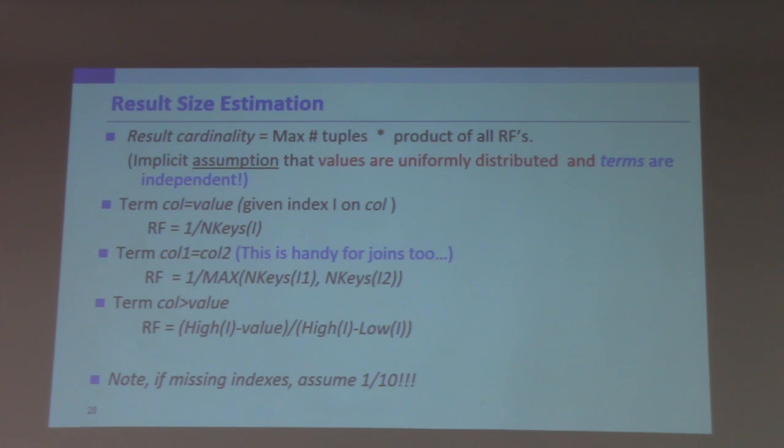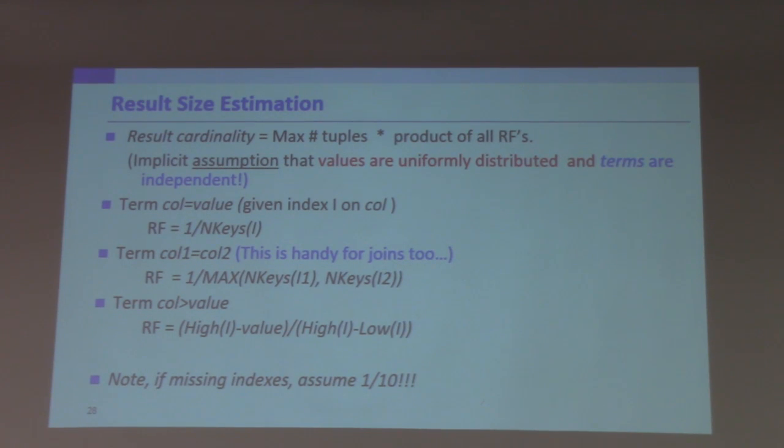For example, if you want to estimate the selectivity for this query condition, which is a particular attribute equal to a constant specified by a particular value. Well, if we assume uniform distribution, this is critical, right?